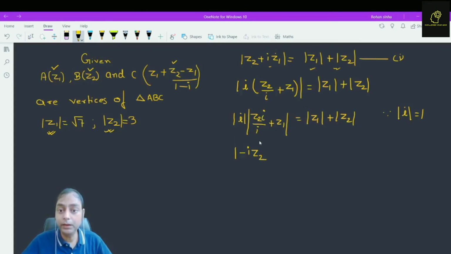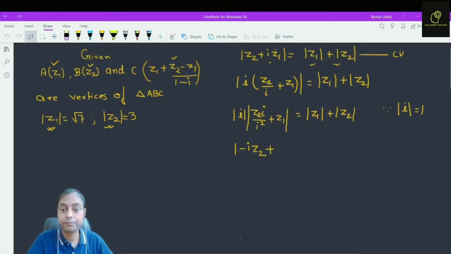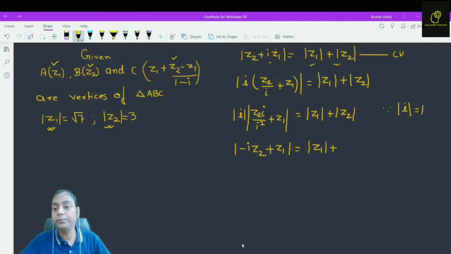What you find is i times i, and i squared is minus 1. So the left side is modulus of (z1 - i z2), and the right side is modulus of z1 plus modulus of z2, which can also be written with i z2.